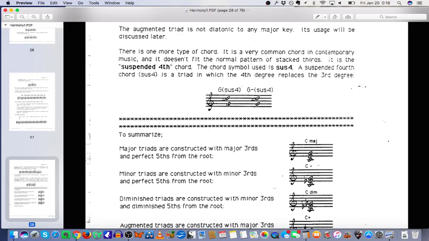So in the case of G sus4, we have G, and if it were major, we would have a B right there. But the C, the fourth, replaces that B. And then we have the fifth on top, the D. Okay? G minor sus4 is the same chord.